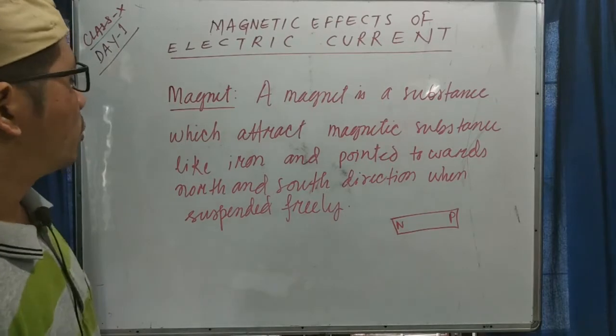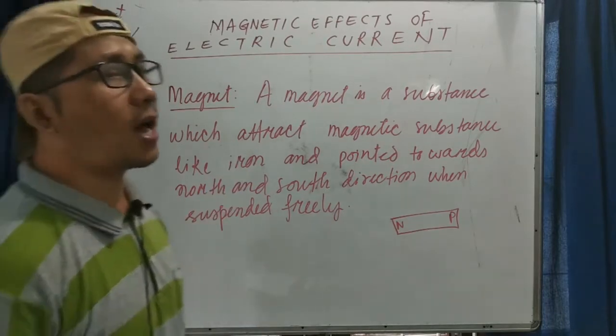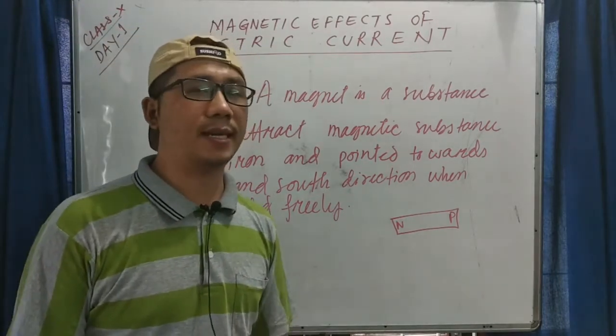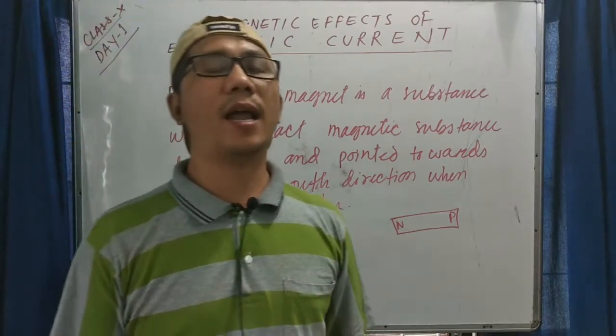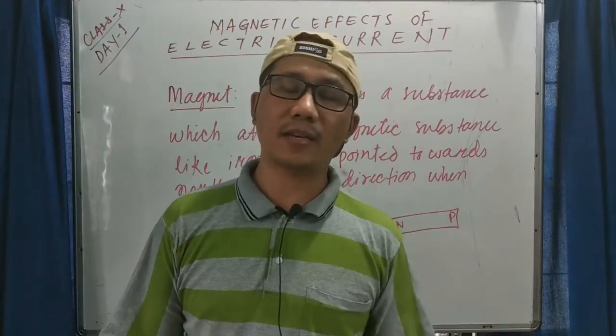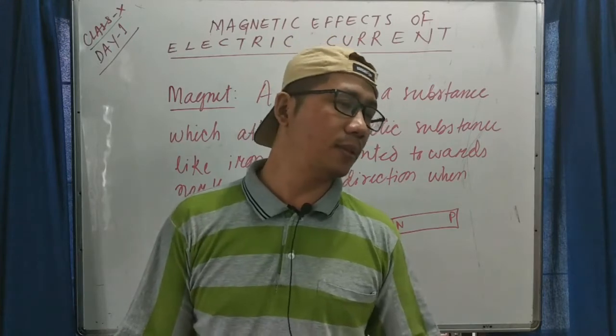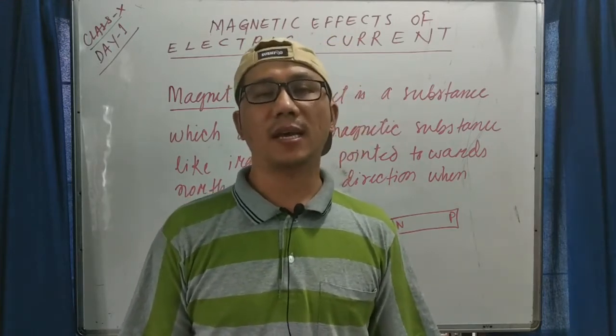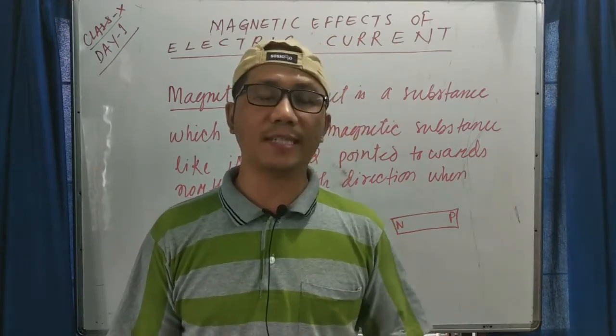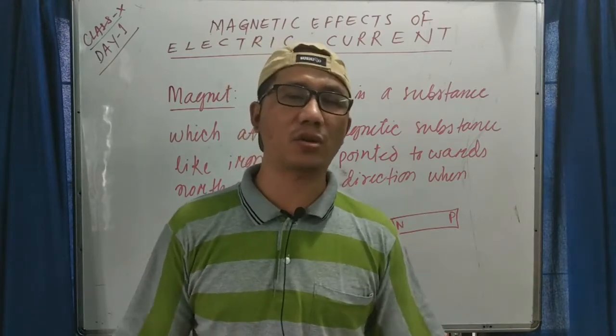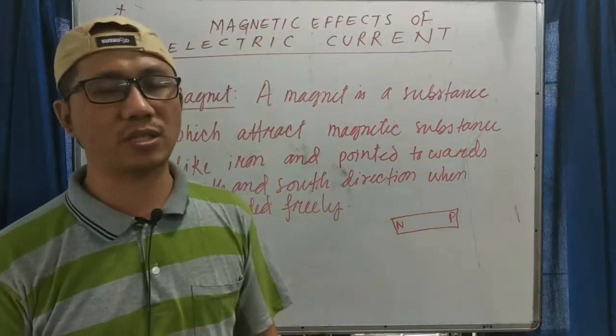So this is the magnet, and magnets are of two types. The first one is the natural magnet. A natural magnet is available here in the earth's crust in the form of lodestone, L-O-D-E, lodestone.